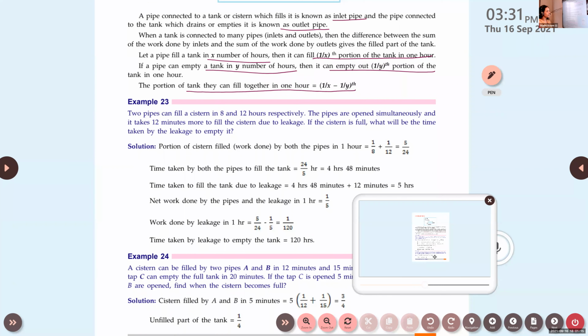Usually what is the time taken? We don't know. Because of the small leakage, it takes extra time. If the cistern is full, what will be the time taken by the leakage to empty it? Write the question.